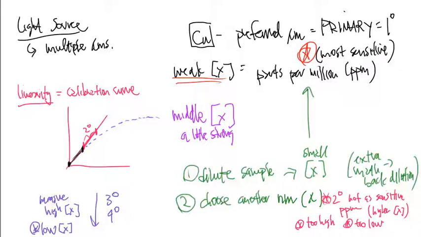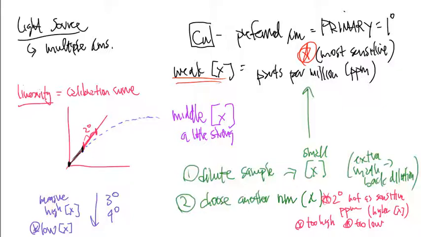So what we do instead is that we switch the machine over to a secondary wavelength, or a tertiary wavelength, or a quaternary wavelength, and we make our measurements at that spot based on our concentrations that are expected.